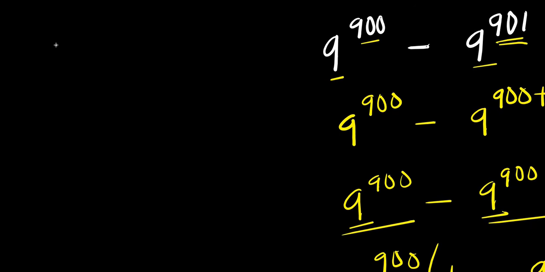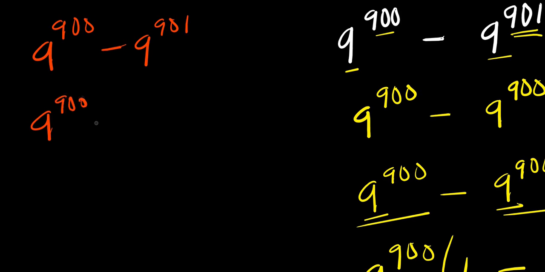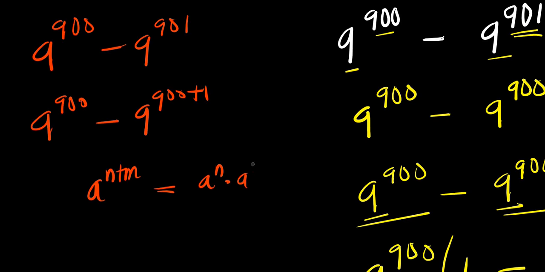This is our answer. Or you can also do it this way. You have 9 to the power of 900 minus 9 to the power of 901. I have 9 to the power of 900 minus 9 to the power of 900 plus 1. And make use of a to the power of m plus n equals a power m times a power n. I apply it right here.